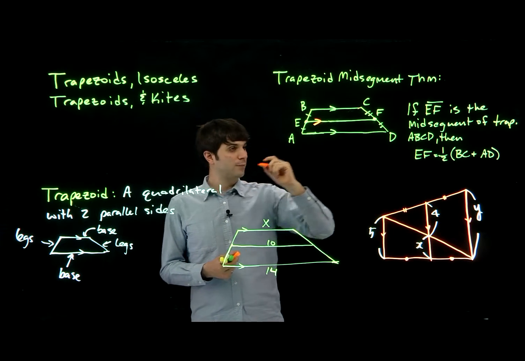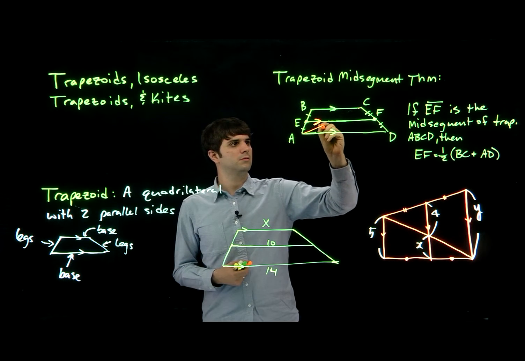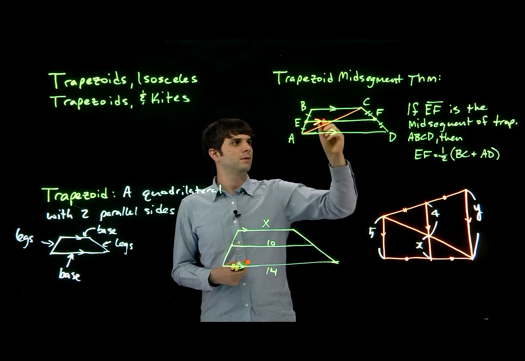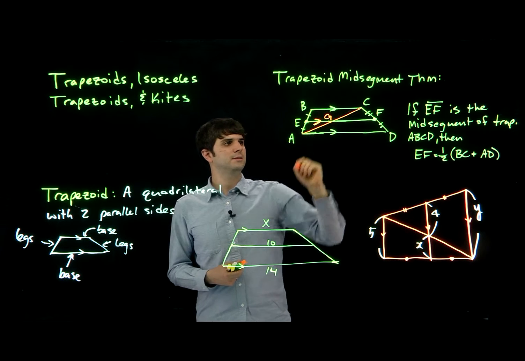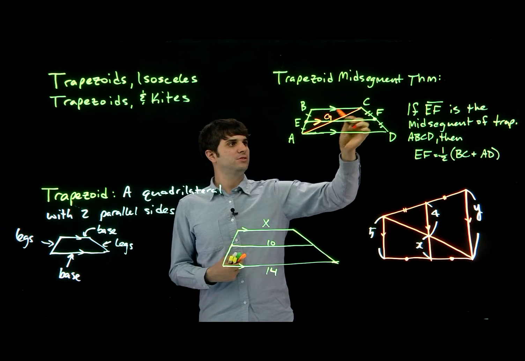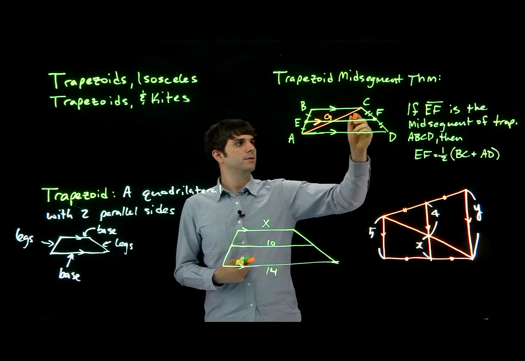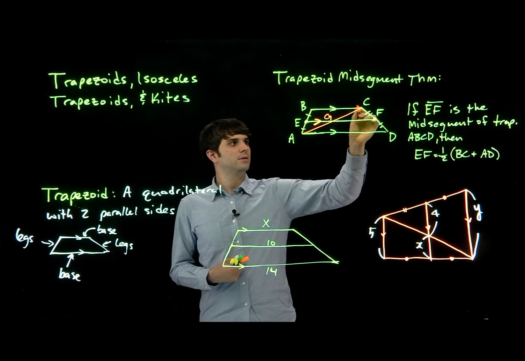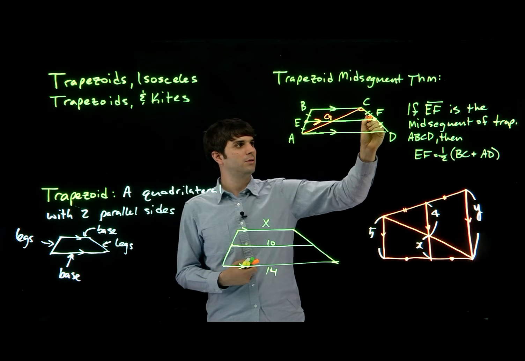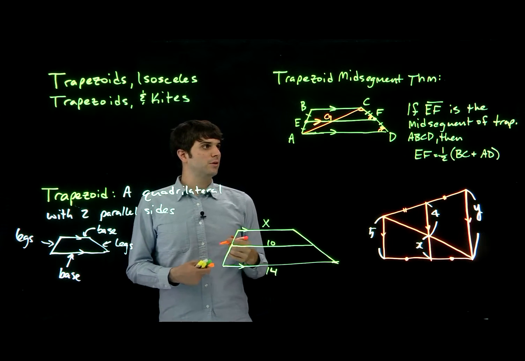Now from here, I can draw a triangle. Let me label this G. So we know that triangle CGF is similar to triangle CAD, because angle and angle. So by AA similarity, those are similar.